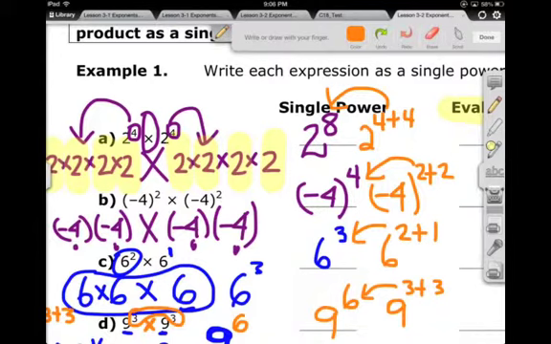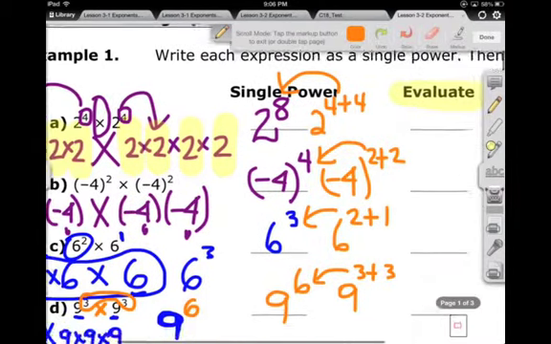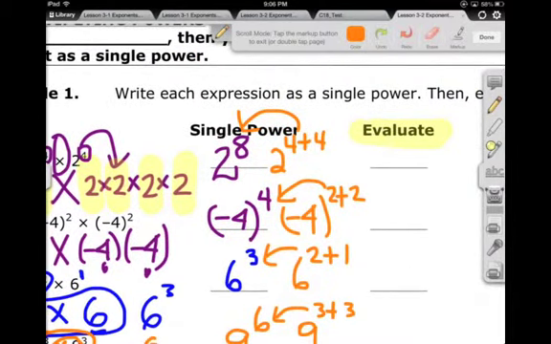Evaluate in our scribble notes here is asking you, well, what does it equal? It's perfectly fine to leave it in exponential notation. If it doesn't come to mind what 2 to the 8th is, you can just leave it as 2 to the 8th. I'm fine with that.